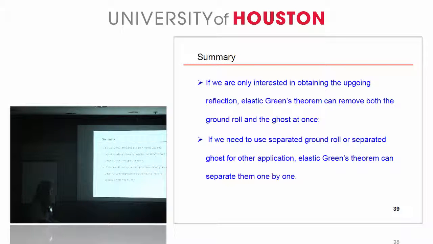Otherwise, if you are interested in using the separated ground roll or the separated ghost for other applications, the elastic Green's theorem can also separate them one after another. You can go back to the previous slides to see this conclusion.